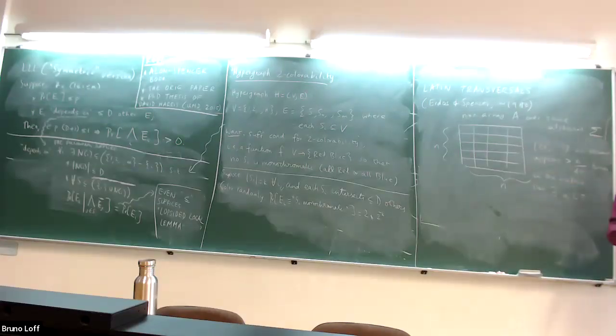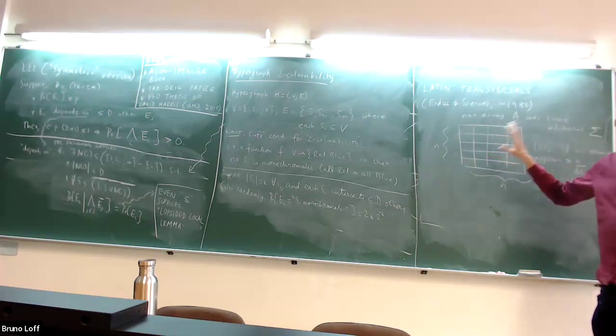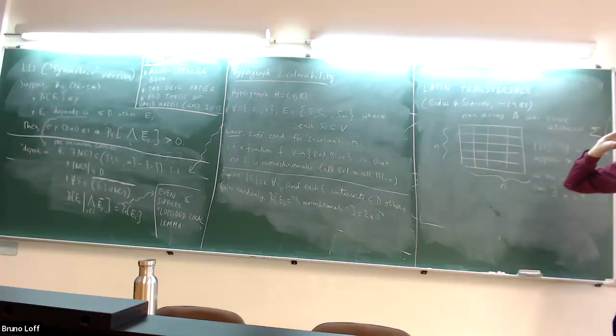But here is something stunning, right? Originally, even polynomial-time algorithms, of course, were not at all known for the local lemma or for the lopsided local lemma. For this problem, the input size is n squared. You have an n by n matrix, so the input size is n squared. And suppose you assume random access to the matrix, which is a reasonable assumption, so that for any i, j, you can access that entry in one step.